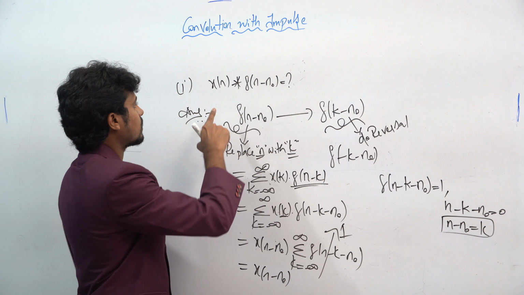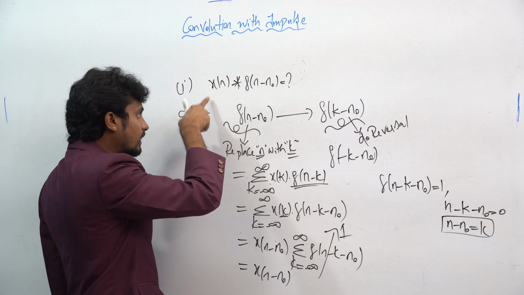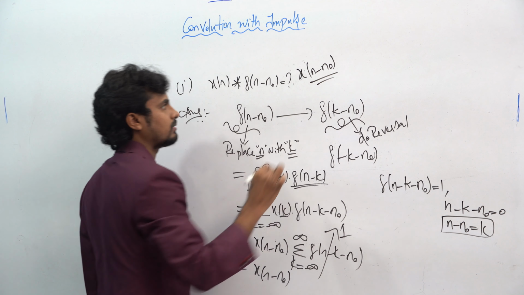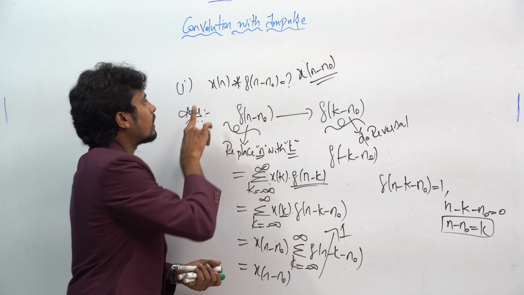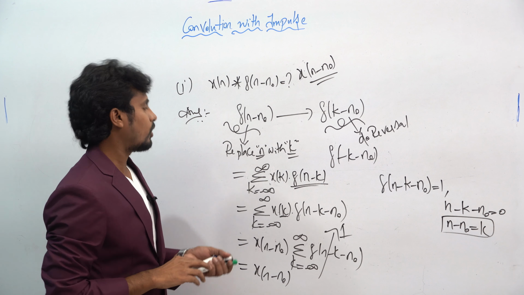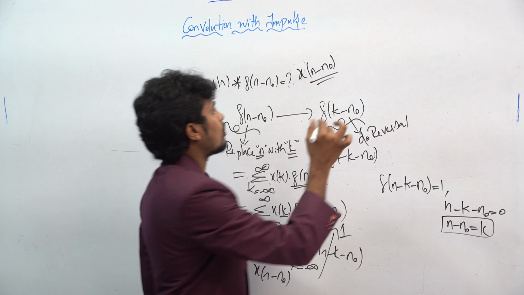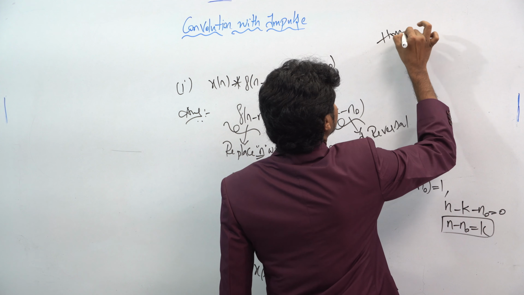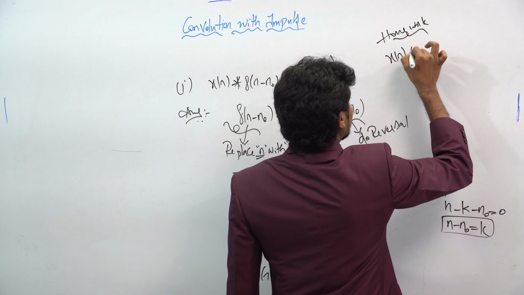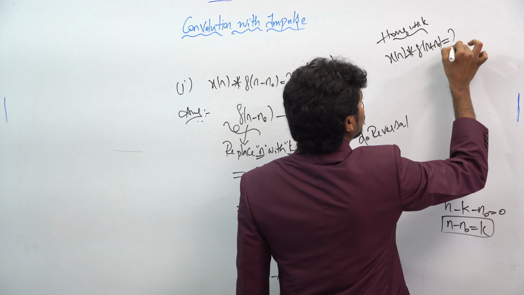So whenever you see x of n convolved with del of n minus n naught, you will get x of n minus n naught. Here you can observe x of n minus n naught. For example, take this as homework: x of n convolved with del of n plus n naught, what will happen?